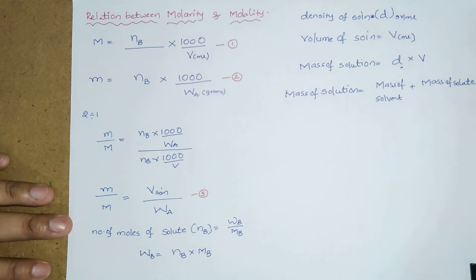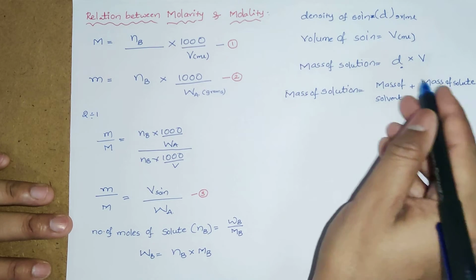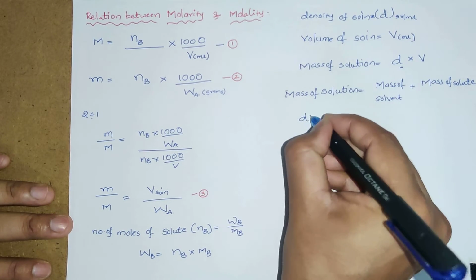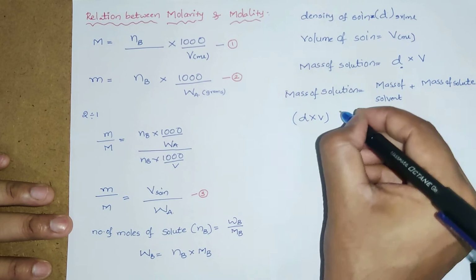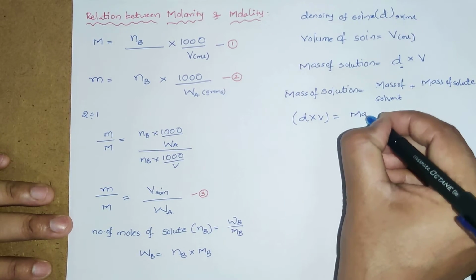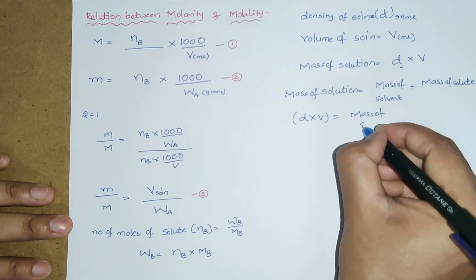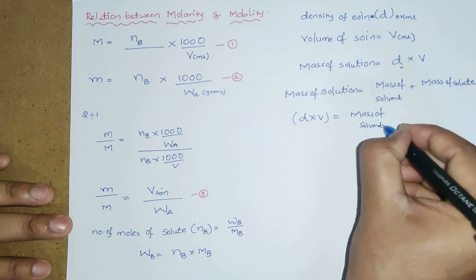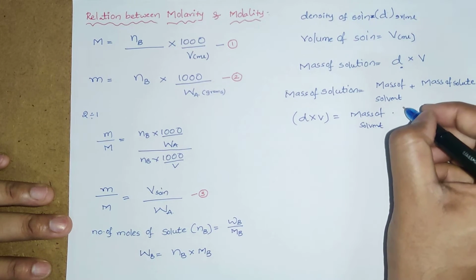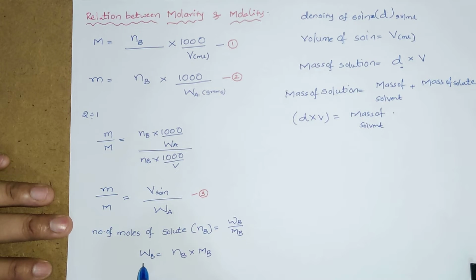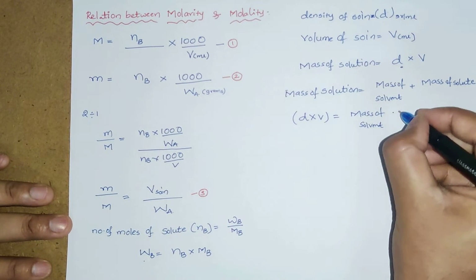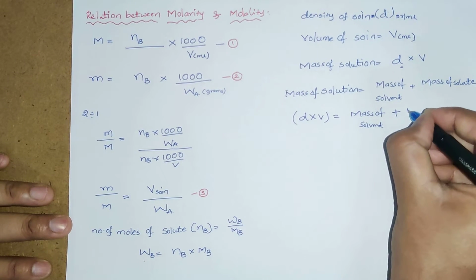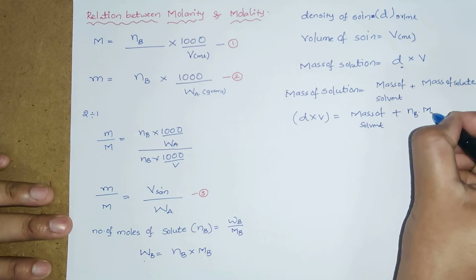What is mass of solvent? Mass of solution is density into volume, is equal to mass of solvent plus mass of solute. And what is mass of solute? Mass of solute is equal to WB is equal to NB into MB.